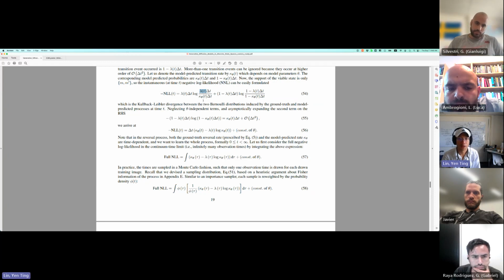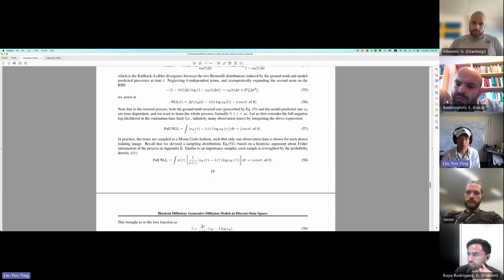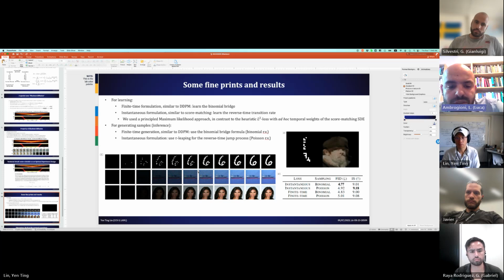Now for Poisson, what you can do is send delta t down to 0, and this can be shown to be the exact negative log likelihood. So you do the delta t expansion, sending delta t down to 0. At the end of the day, you get a formulation like this, and it's in continuous time, so you integrate over the time. Now there is a noise scheduler there, and the noise scheduler effectively puts in the weights there. So that's the idea. That's interesting.